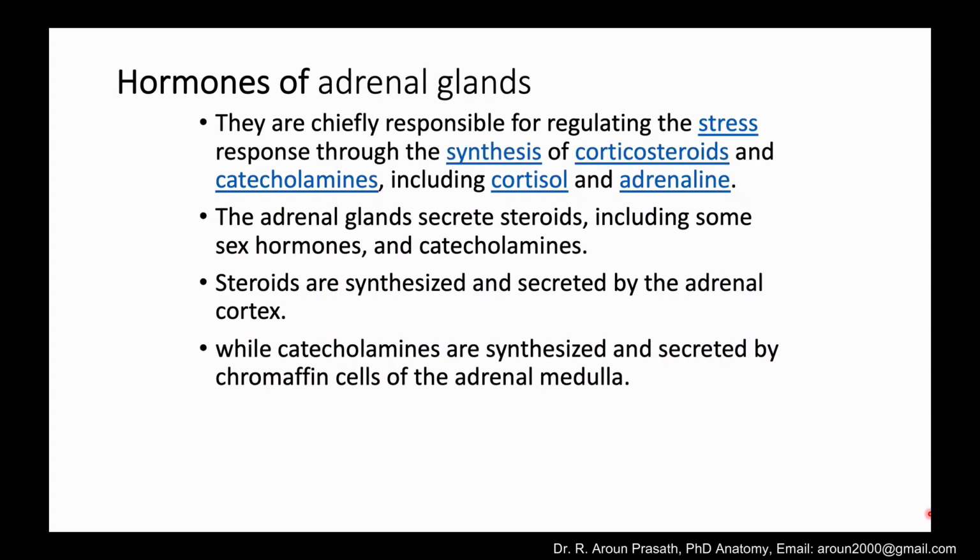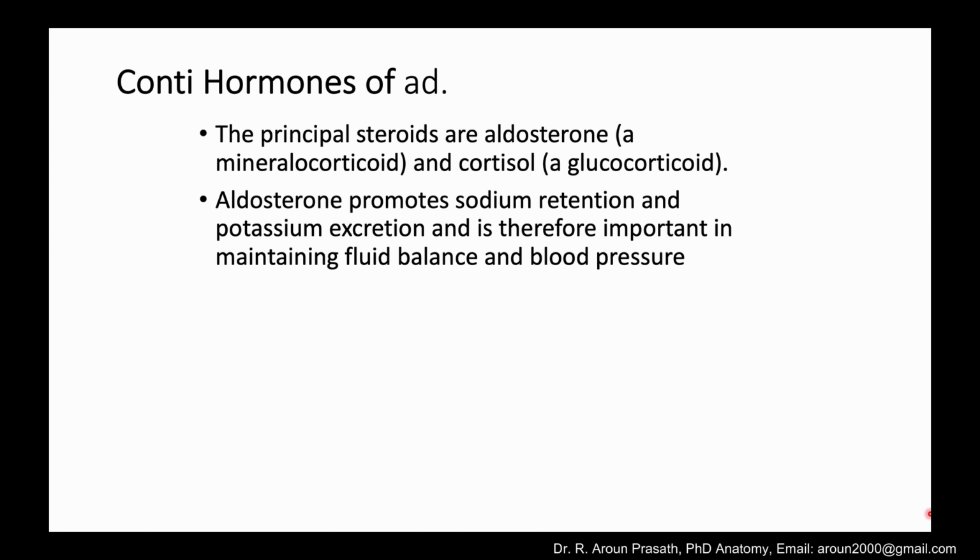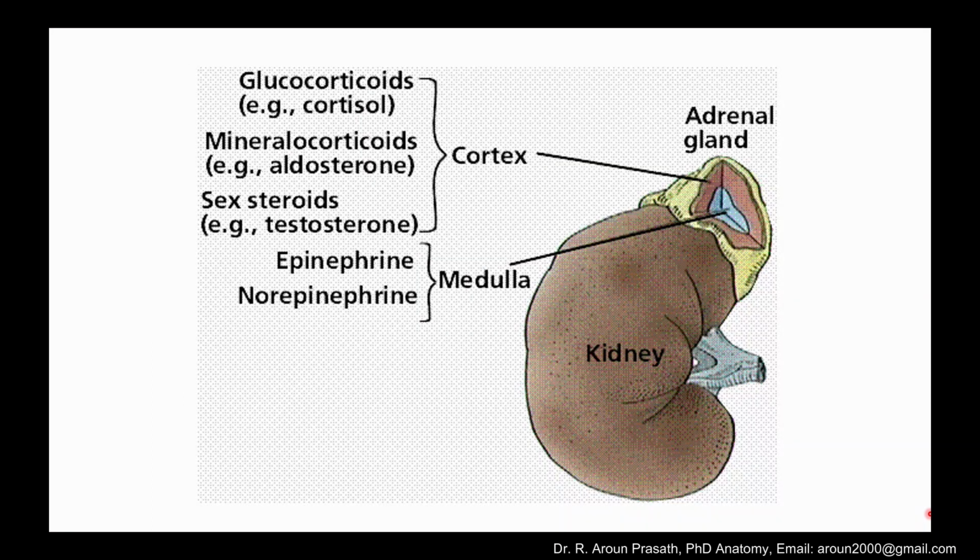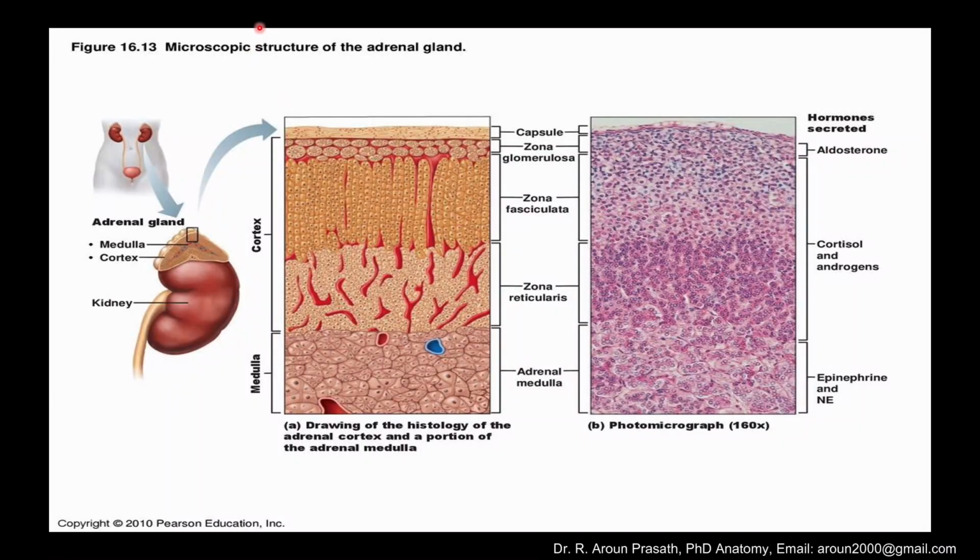Now we will see the different zones and their secretions. You can see here the adrenal gland has the adrenal cortex and the medulla. As I told you, the medulla secretes epinephrine and norepinephrine, whereas the adrenal cortex secretes glucocorticoids, mineralocorticoids and the sex steroid hormones. First, there are 3 layers of adrenal cortex.